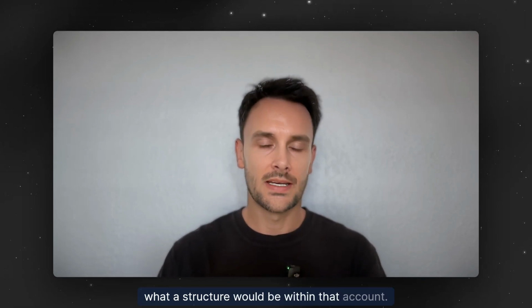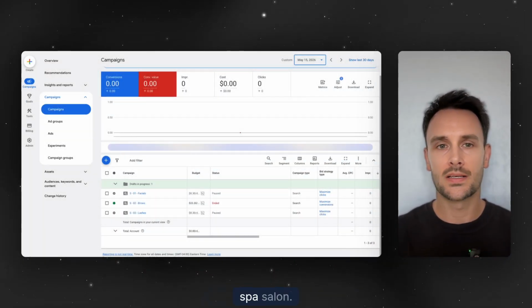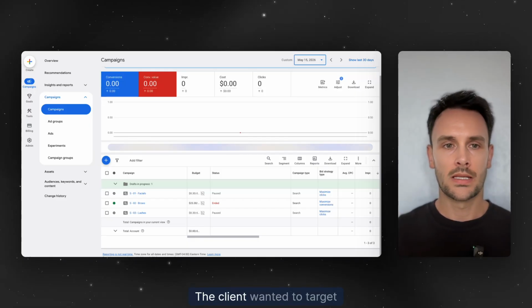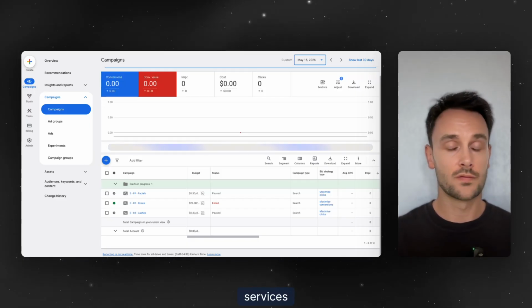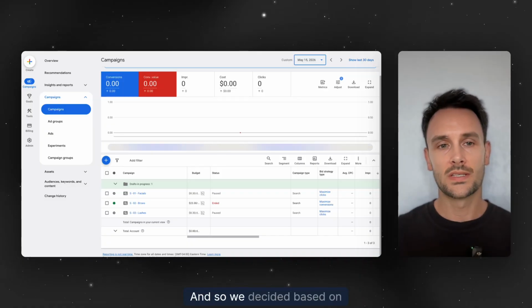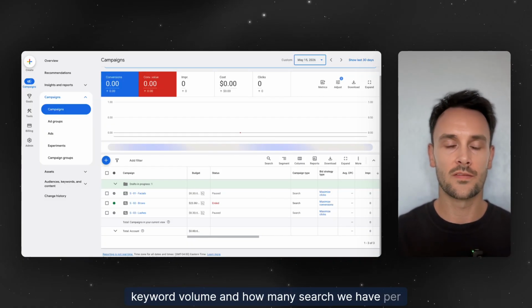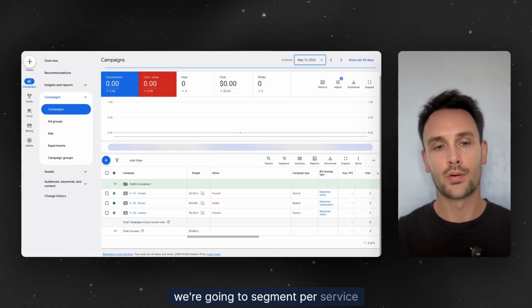Now let's look at a real Google Ads account and what a structure would be within that account. This client is a beauty spa salon. The client wanted to target services that the spa offers. And so we decided that, based on keyword volume and how many searches we have per keyword, we're going to segment per service.